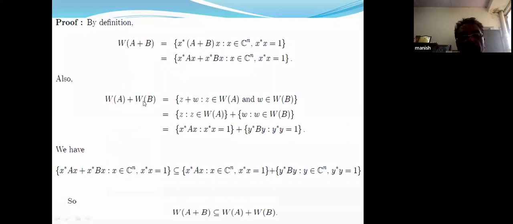And the numerical range of A plus the numerical range of B is x star AX, x a unit vector, plus y star BY, y a unit vector. Note here that we are repeating x. Here we can also repeat x, but can also put other values of y. So clearly the numerical range of A plus B is contained in the numerical range of A plus the numerical range of B.